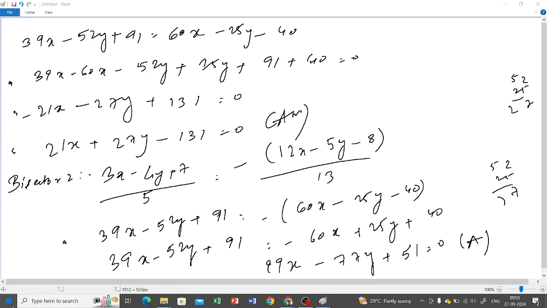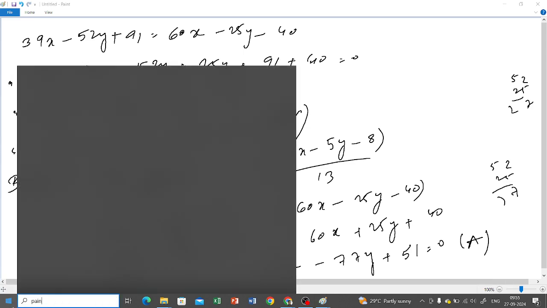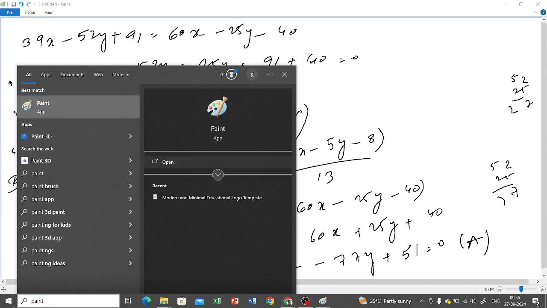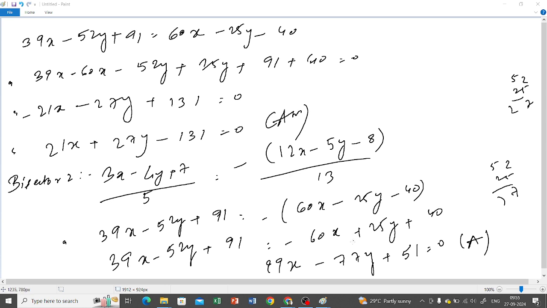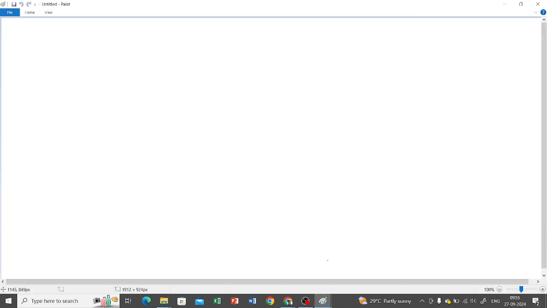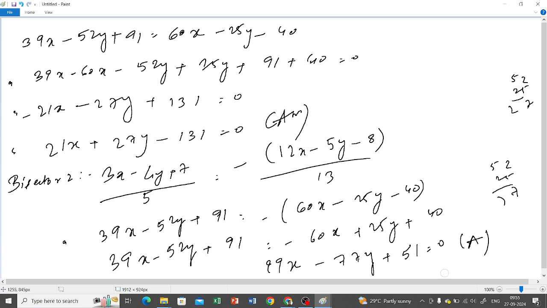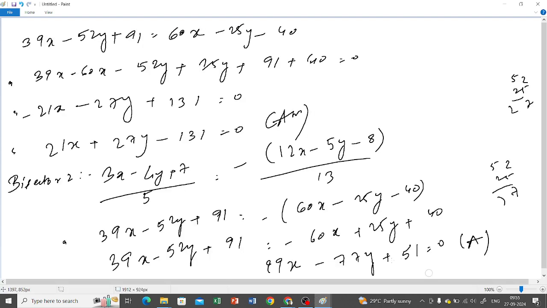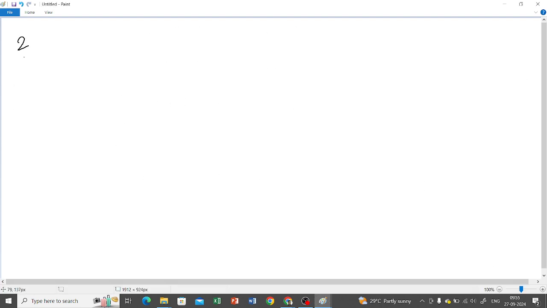So what are we going to do? First of all, we are going to open another paint window. So we'll pick up this equation 1. Let us pick equation 1. 21x plus 27y.